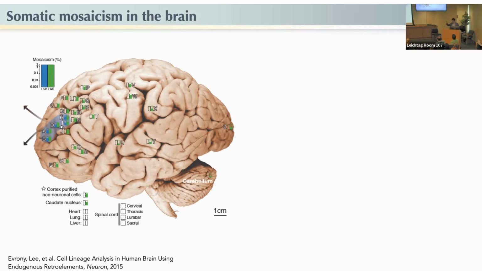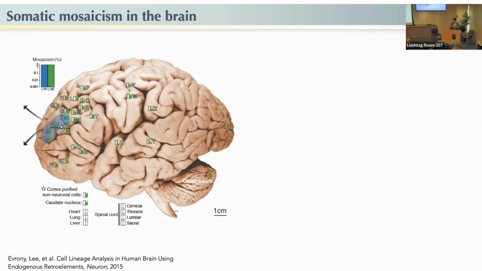There's a lot of technology development, some of which has filtered down to other areas, but this is a really exciting area that more cancer methods developers should get into.